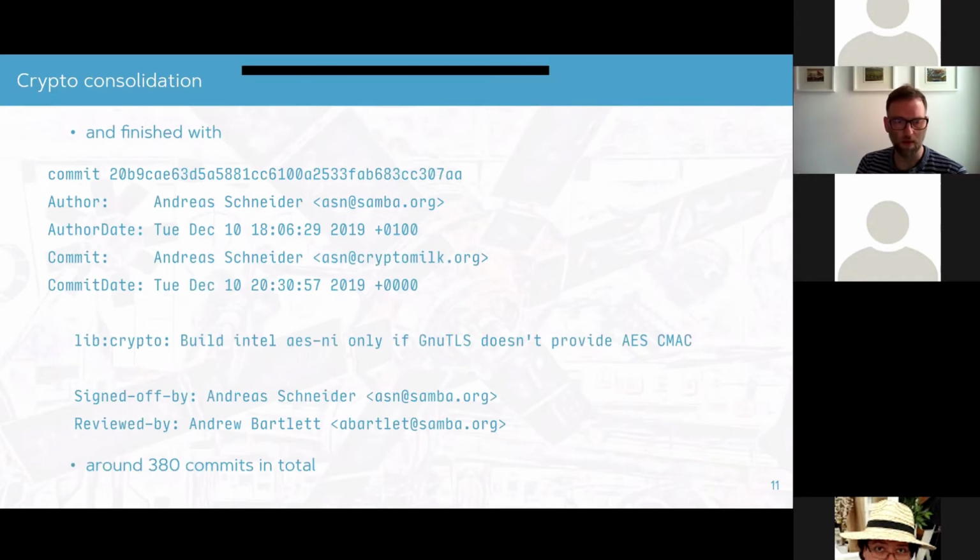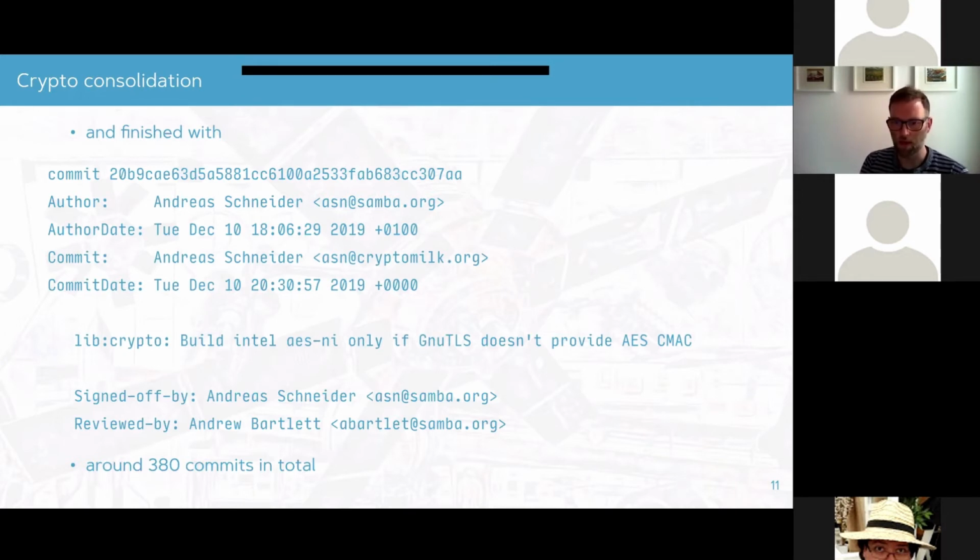Yes, so it took quite a while to actually finish this, about a year to migrate everything to GnuTLS, and get rid of, or at least try to get rid of, most of the implementations we have in Samba.